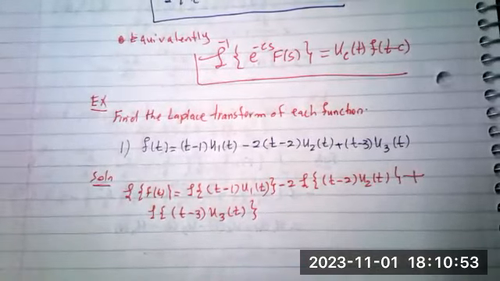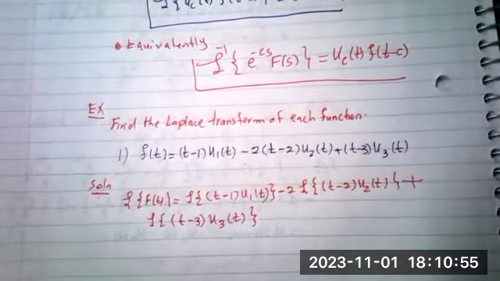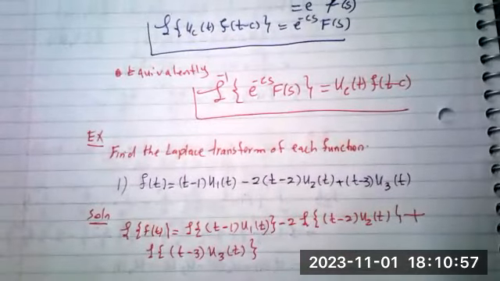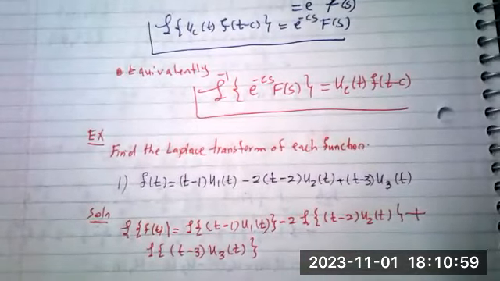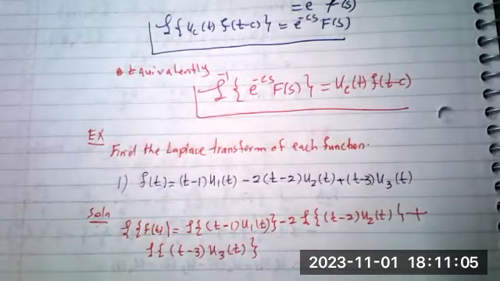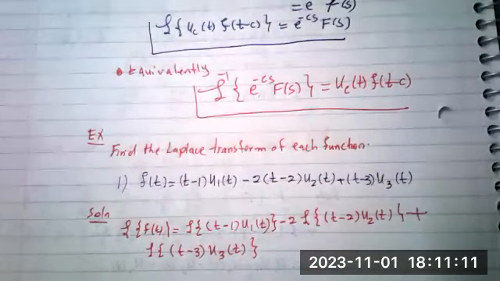Okay, that's one. Now, as we have this theorem, look at the above here. If you have a Laplace of anything other than the uc of t, you have to make it as, you see the formula, uc of t times f of t minus c, to be able to do it. Because of the uc, you get the e to the negative cs.